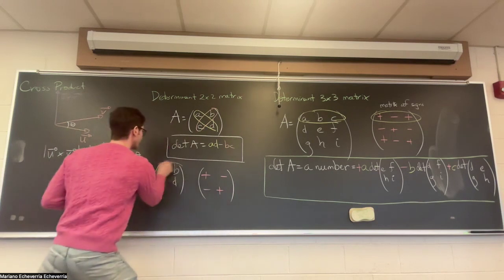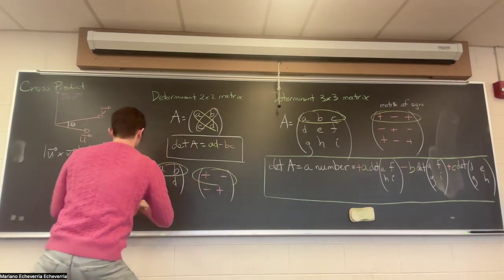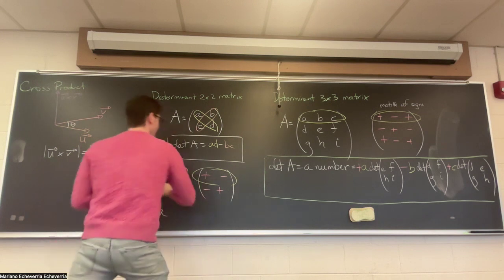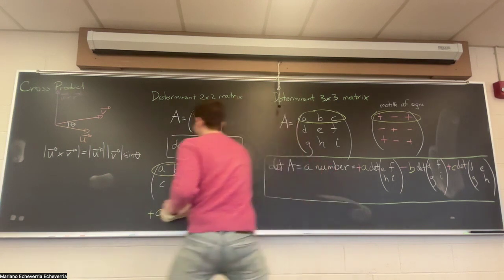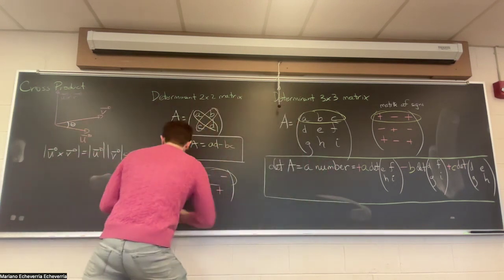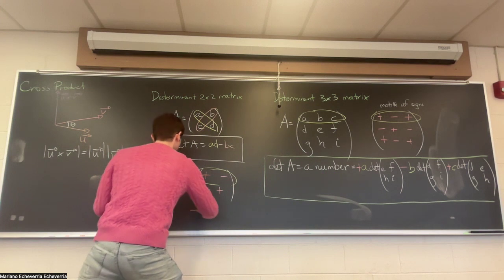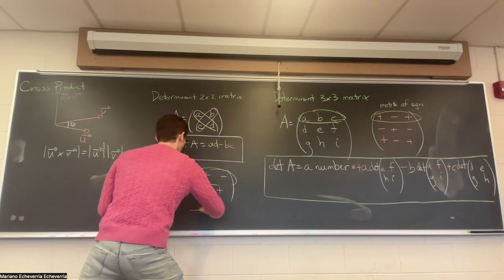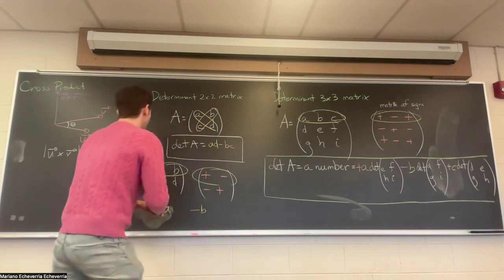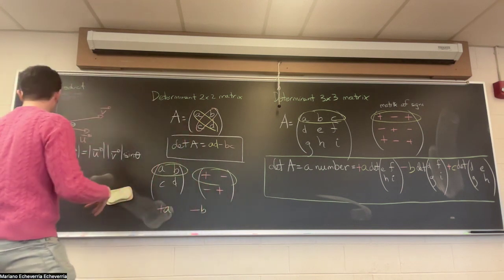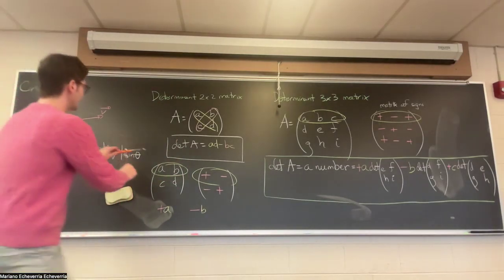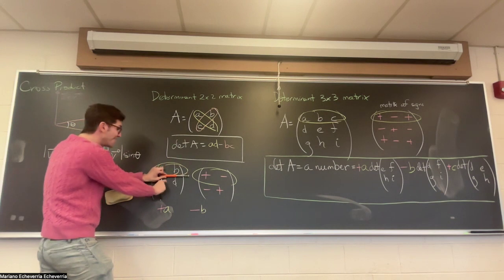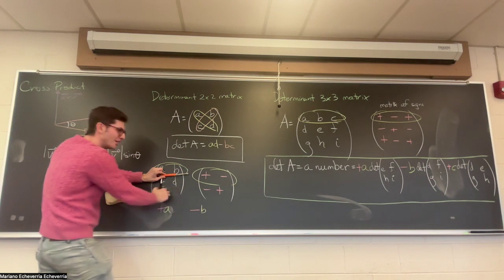So if you chose the first row, you get plus A, then minus B. If you follow the same recipe I just gave you, you delete the first row and first column, and then you just get a number. There's nothing really to think too much about. You just multiply A by that number.